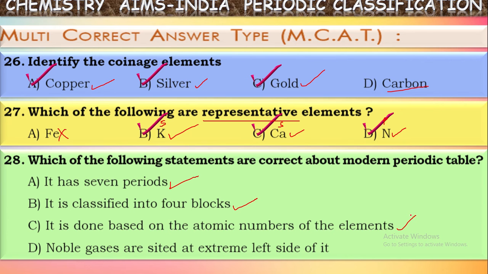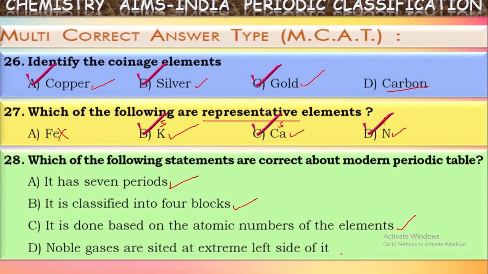This is true. Next, noble gases are situated at the extreme left side of the periodic table. Is it correct? Where are the noble gases? Noble gases are located in the modern periodic table at the extreme right side.